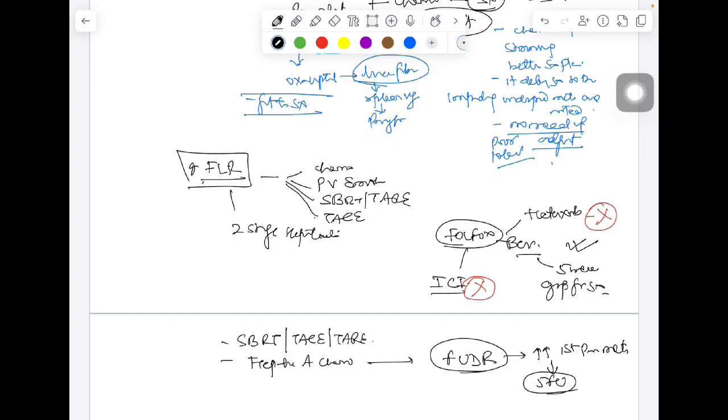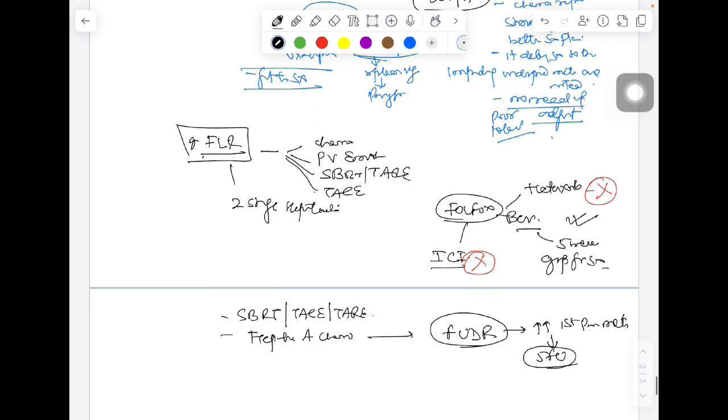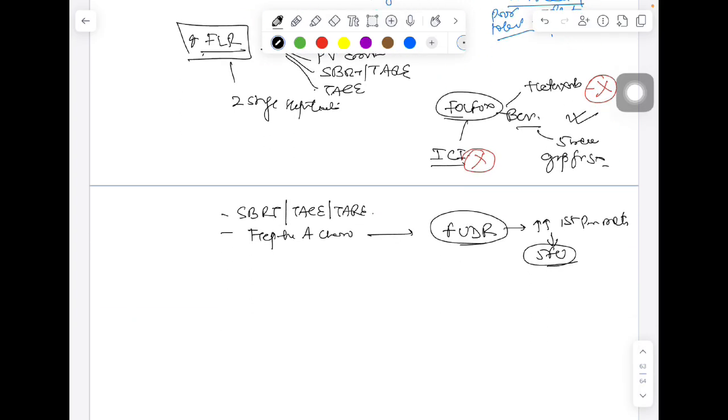So cannulate the hepatic artery and give FUDR, it will convert to 5-FU, and that will cause damage to the tumor cells. Now the thing is, it can cause thrombosis of the hepatic artery. We are cannulating and giving chemo, and it can have systemic side effects also. So spill to the whole liver or off-target effects are there.